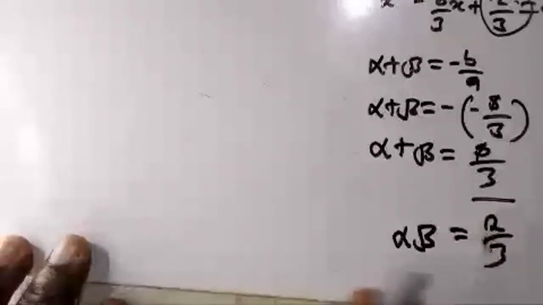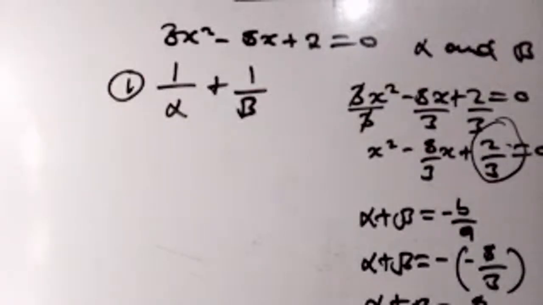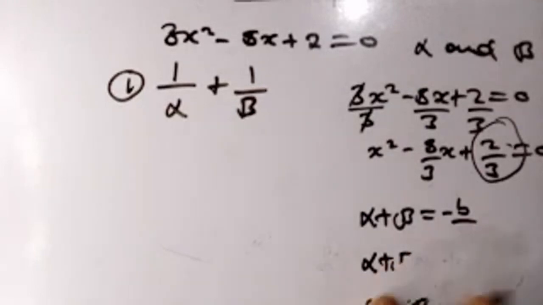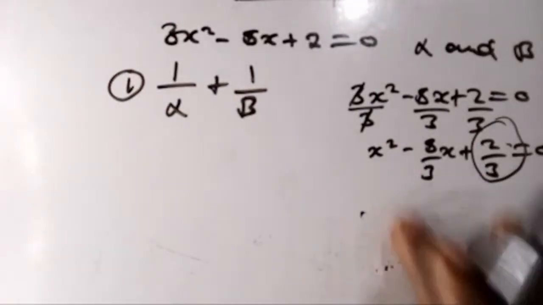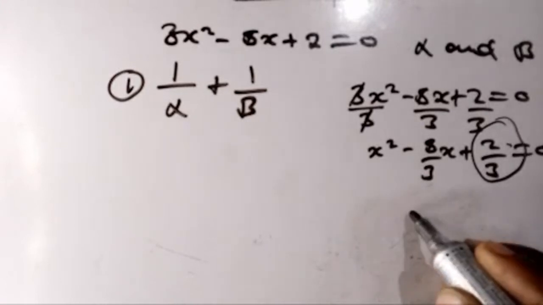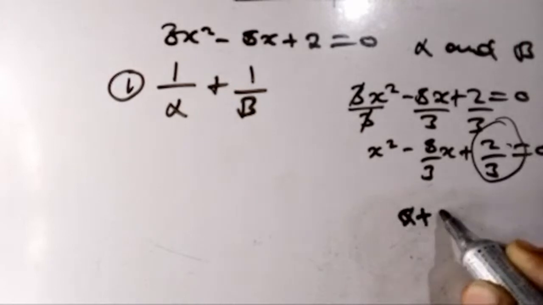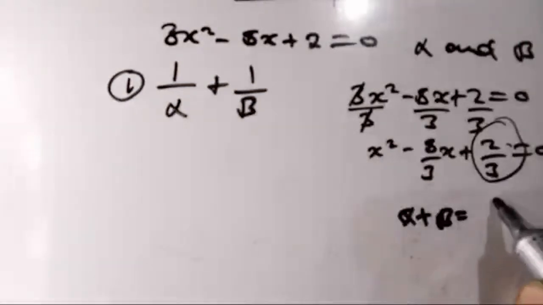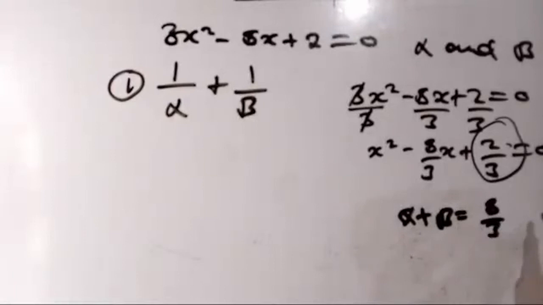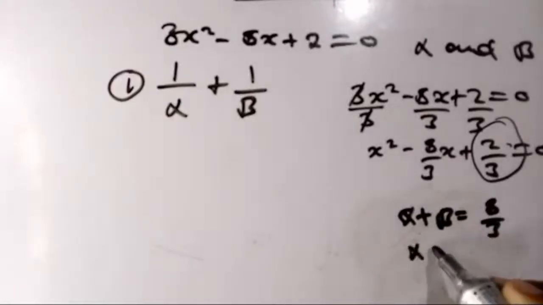So now we have found that alpha plus beta is equal to 8 over 3, and the product alpha times beta is equal to 2 over 3.